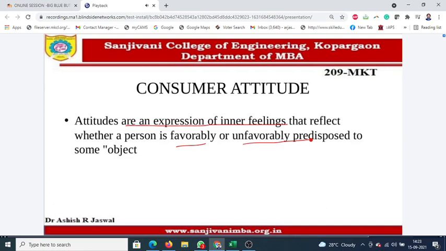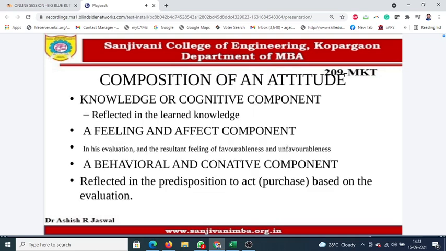Let us move a step forward and try to understand what the different components of attitude are. If you look into the slide, the components of attitude can be classified into three types. The first is called the cognitive or knowledge component. आठवतं का तुम्हाला, आपण सुरुवातीला हेच कंपोनेंट बघितले होते.